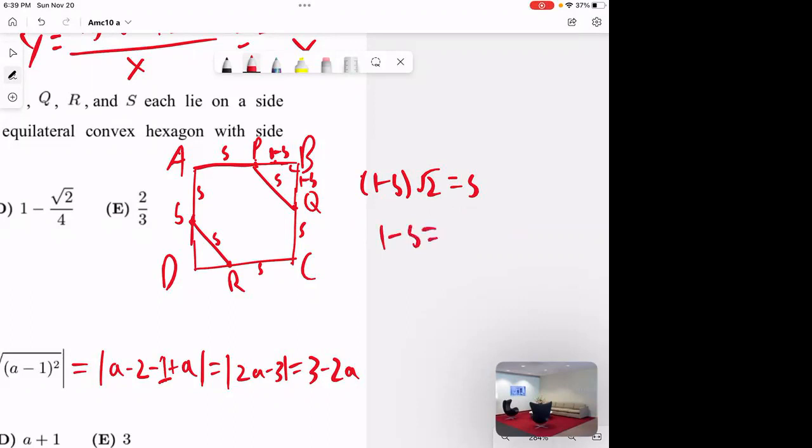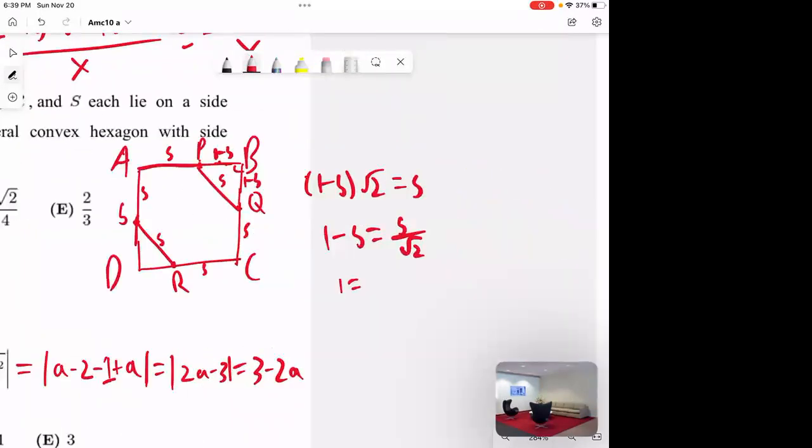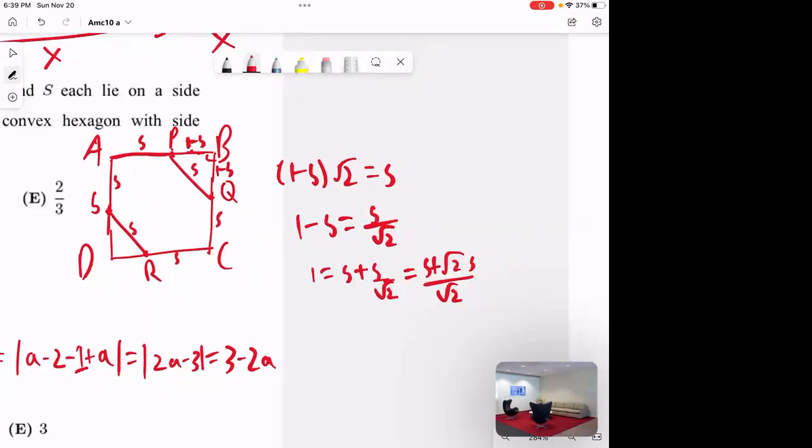1 minus S equals S over root 2, or let's see, 1 equals, wait, we're solving for S, okay, yeah. So 1 equals S plus S over root 2 equals S plus root 2S over root 2. Actually, no. Let's not do it that way.